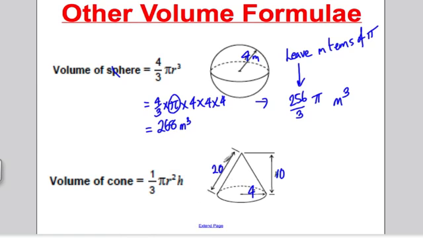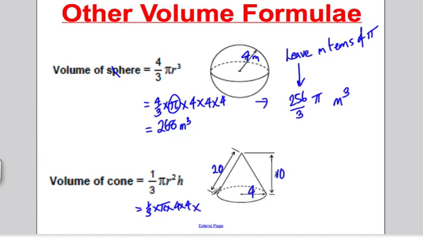The volume of the cone here, now the slanted height is not necessary for the volume of the cone. So I've just put that in, that's a red herring. All you need to do is 1/3 times pi times r squared, which is 4 times 4 times 10.